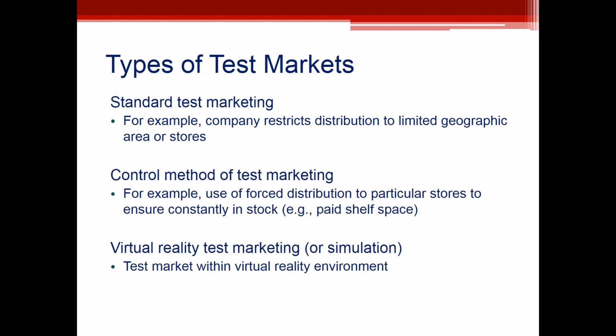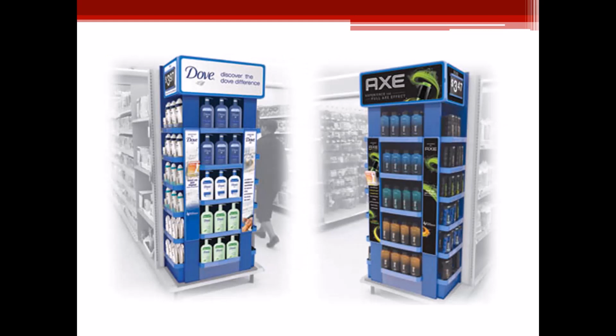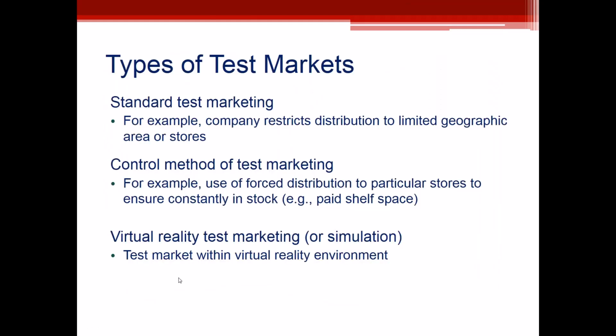The brand doesn't have a lot of control over that, and what they want to ensure is that it is actually in front of consumers so that they can see whether or not it's going to sell. So this control method of test marketing is a little bit more deliberate on the part of the brand. We often see this take place in shelf spacing at the end of aisles, and we call these on end caps. So often if you look at products there's a chance that it may be a test marketed product.